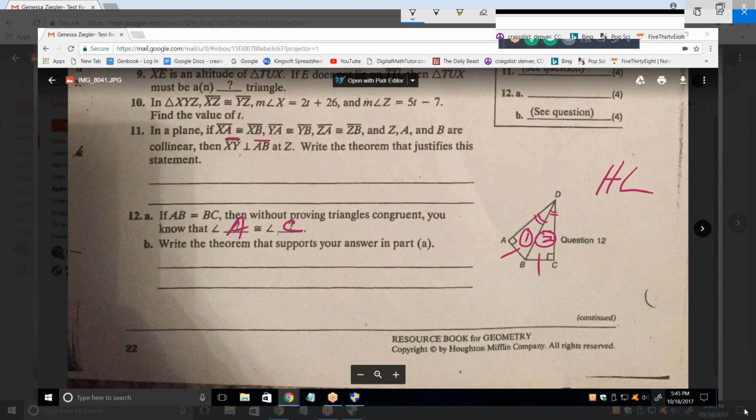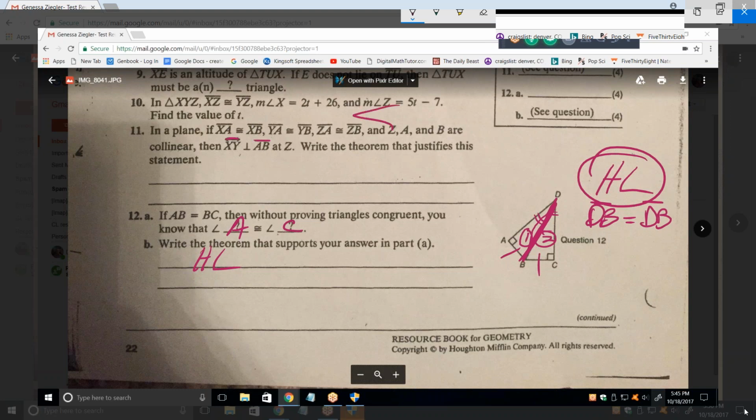Well, the hypotenuse to both of those triangles is DB, correct? Yeah. So DB equals DB. And now you have the hypotenuse is the same and one length, AB is equal to BC, is the same. That proves congruency. So it's the HL.